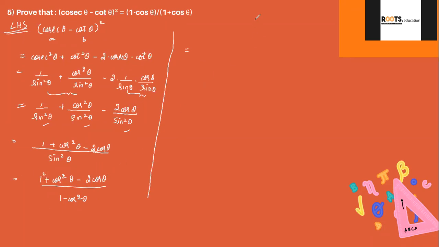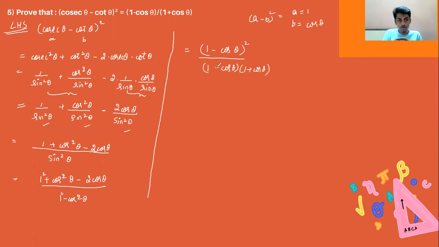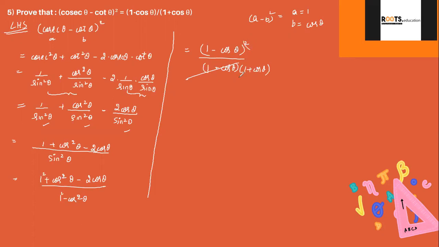This is of the form a minus b whole square, where a is 1 and b is cos theta. So I can write this as (1 minus cos theta) whole square, divided by the denominator. I can write 1 square minus cos square theta as (1 minus cos theta) into (1 plus cos theta). So 1 minus cos theta and 1 minus cos theta will be cancelled. We will be left with 1 minus cos theta by 1 plus cos theta. That's your RHS.